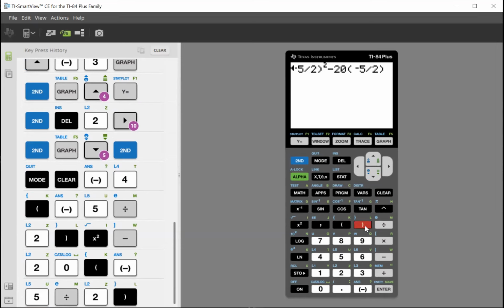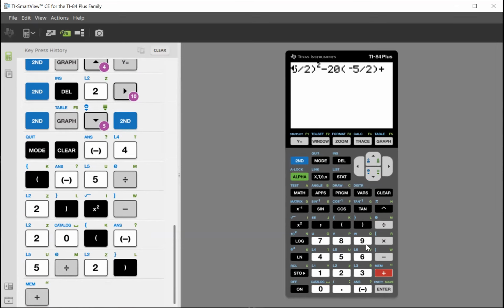Close parentheses, plus 9. All right, so I'm going to hit enter. And I get 34. So that doesn't even have a fraction. That's just going to be a 34. So when x is negative 5/2, the y value is 34.